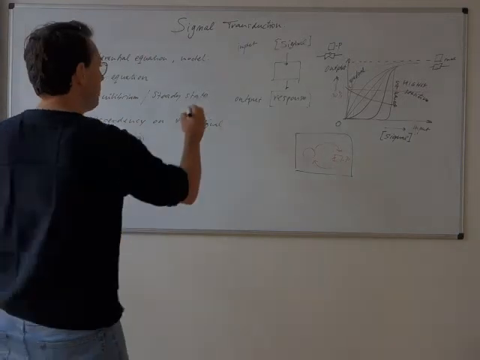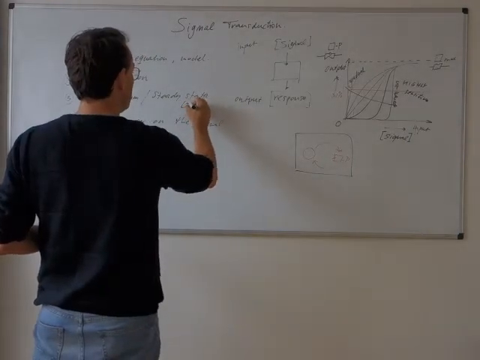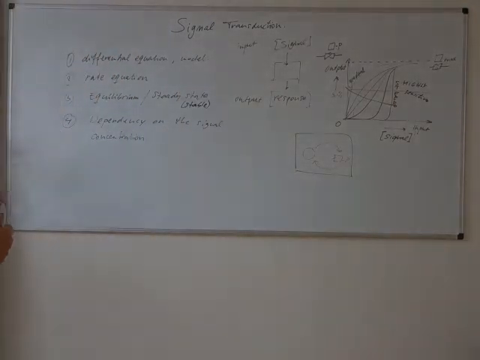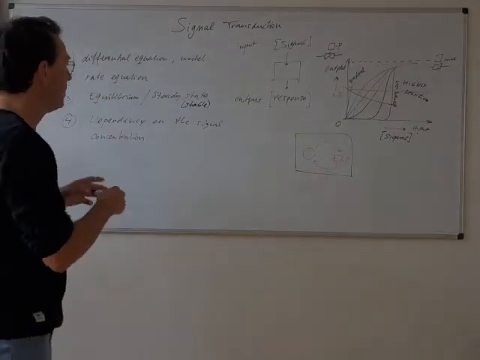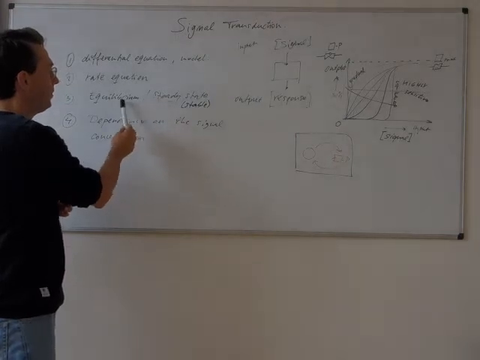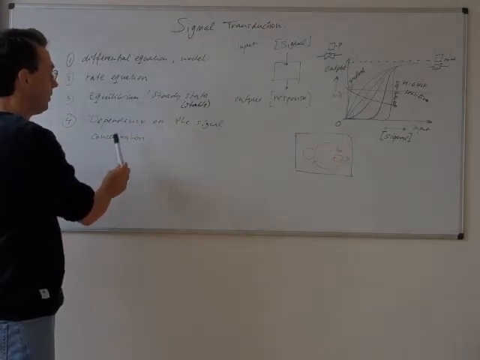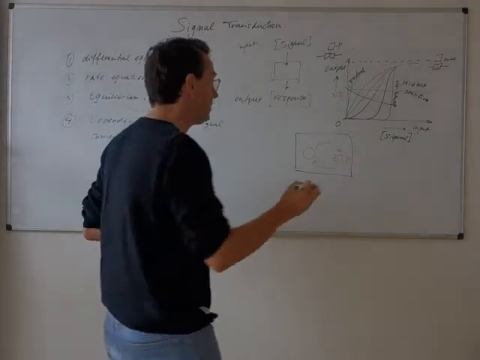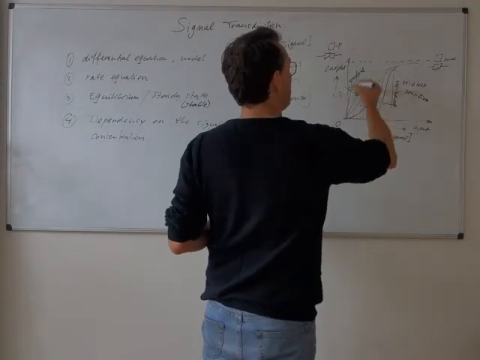In some cases we will show that these states are stable. And then when we know this, we can ask, what about the sensitivity of this steady state with respect to the signal concentration? And then when we have that, we can draw these types of curves.